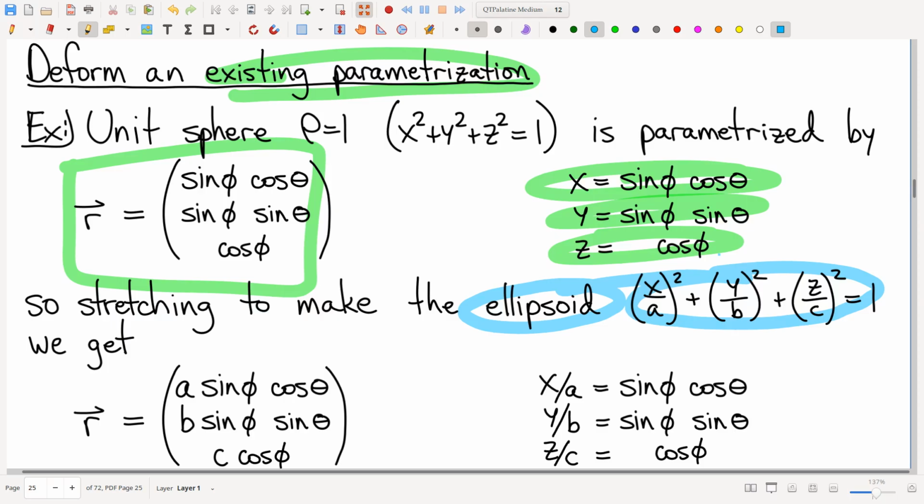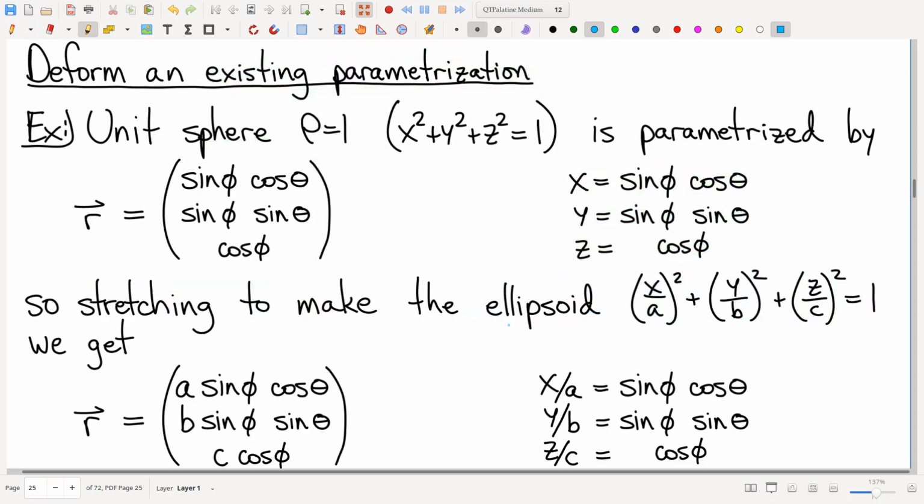It's a totally different surface, right? But it's not that different. We know where ellipsoids come from. Imagine that they're born as spheres, and then we just stretch them out a little bit in the 3 different directions. They're just stretched out versions of spheres. You can see the stretching happen, by the way.